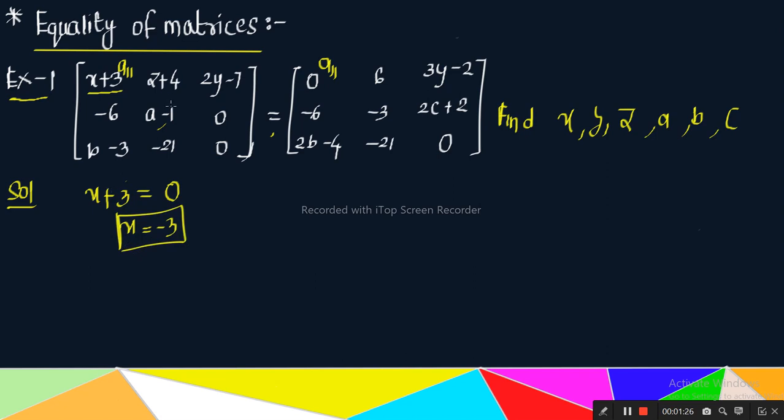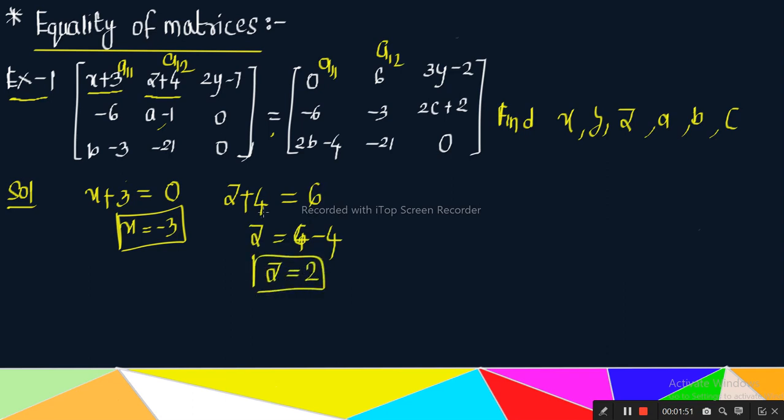Because this is an equality of matrices. Here in place of a12 it is z plus 4, and on the other side it is 6, so z will be 6 minus 4, and z will be equal to 2. We got the value of z also.